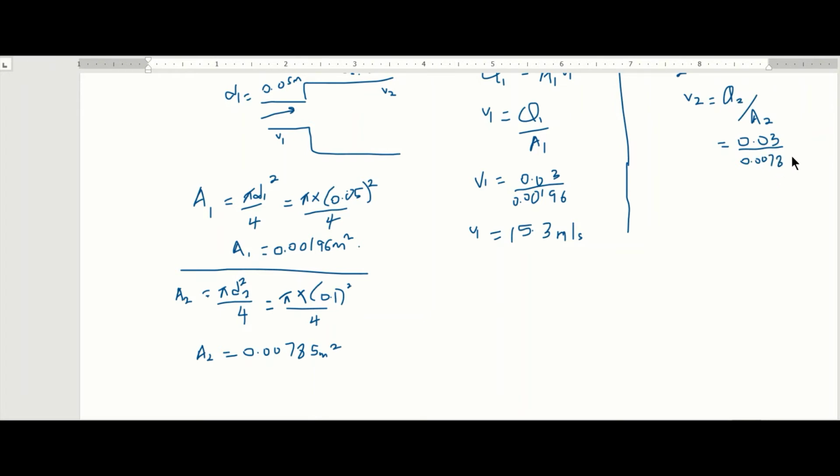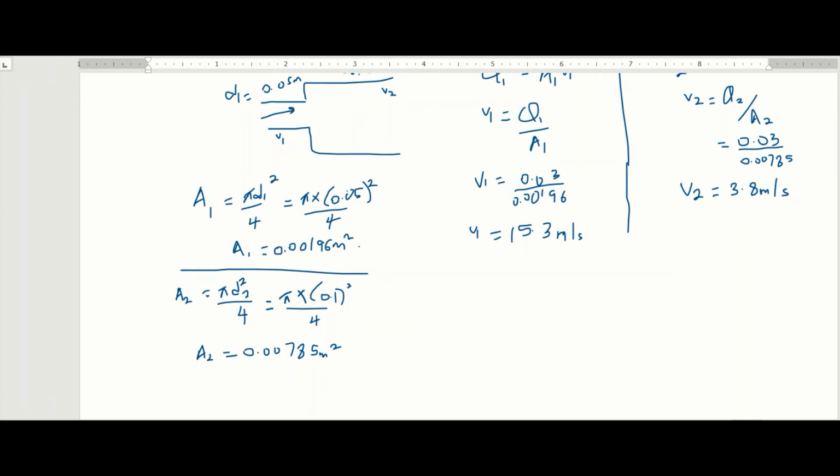So therefore, the velocity at section 2 is 3.8 meters per second. It's approximately 3.8 meters per second.